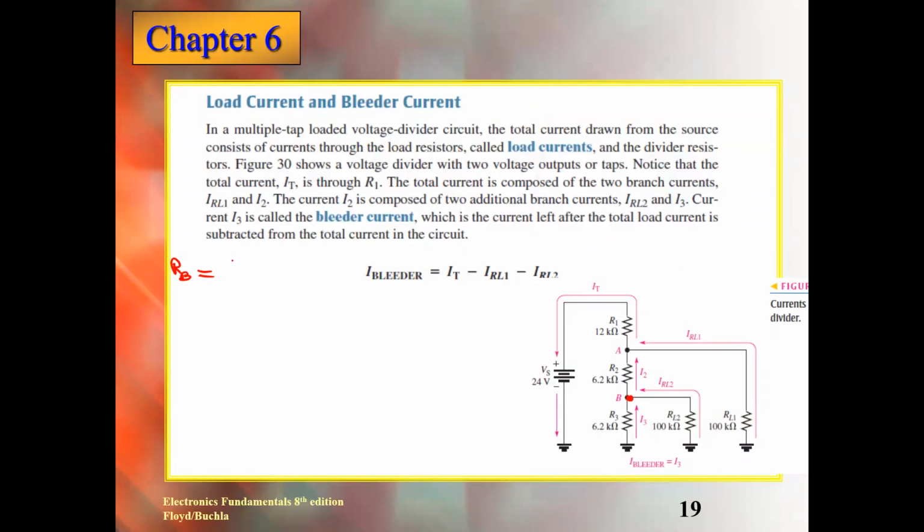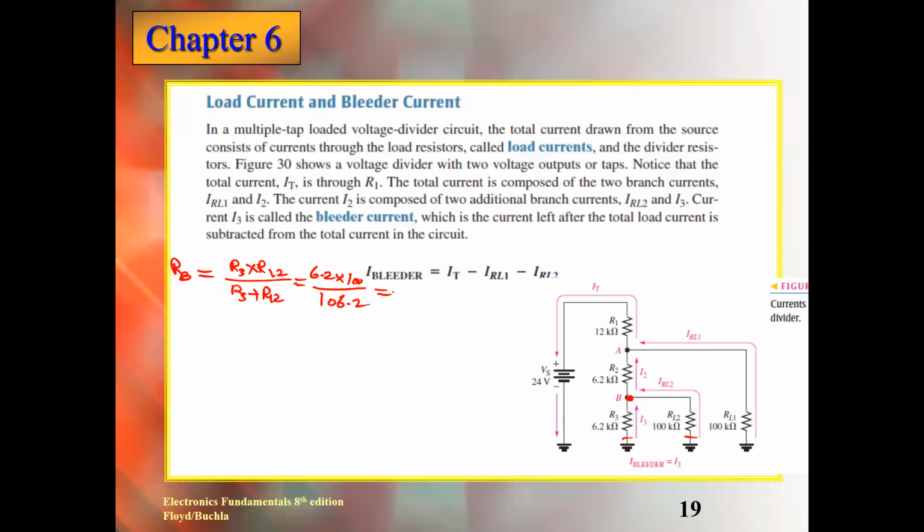This is a parallel combination, R3 and RL2. Multiply them over the sum of them: R3 multiplied by RL2 over R3 plus RL2. Calculate that one. 6.2 multiplied by 100 over 106.2.